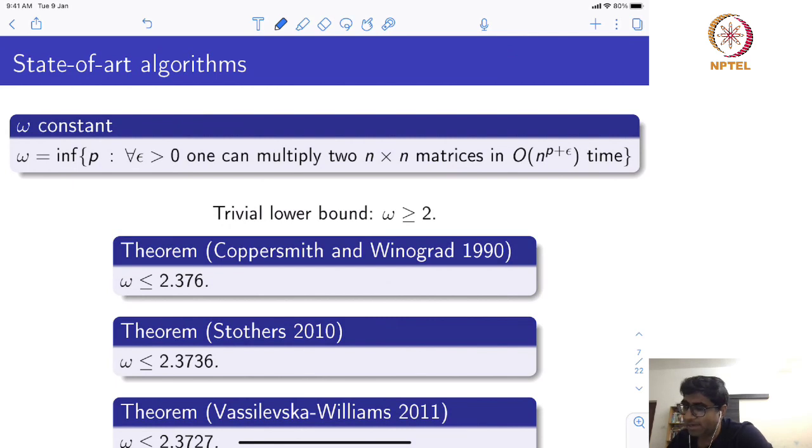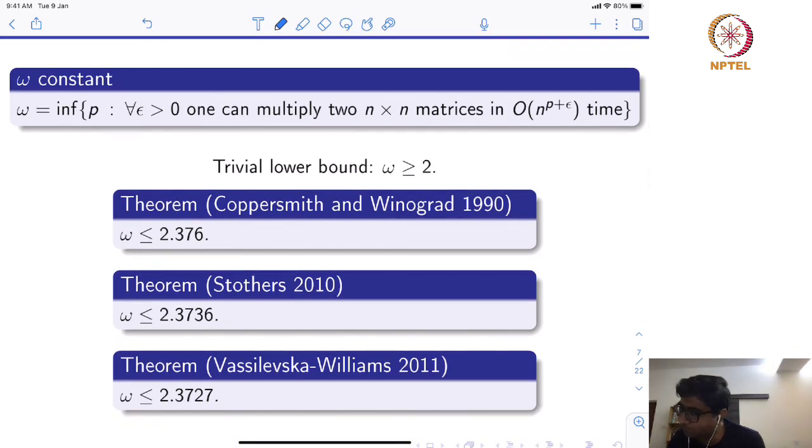Okay. And let omega be the constant for the best matrix multiplication. So, there is a trivial lower bound of omega at least 2, because you have to look at each entry of these matrices, and that is like n square entries. So, Coppersmith and Winograd obtained that you can do it using some non-trivial application. Omega is 2.376.